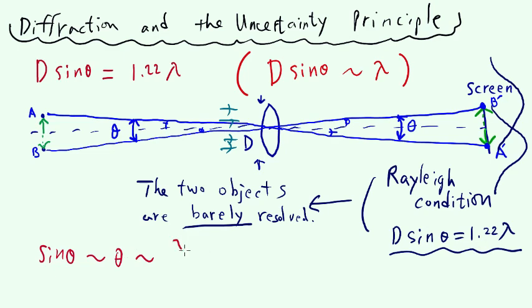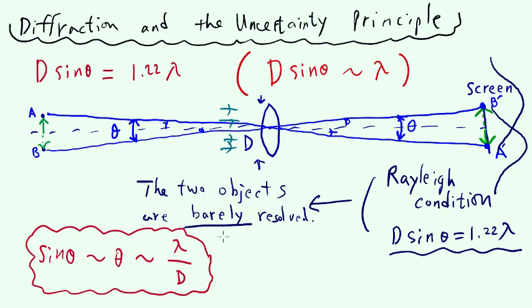So basically it's given by lambda over d. And what is the meaning of this? When you're using an optical device of size d, this is your best angular resolution. Your angular resolution cannot be better than this. This is the limit of angular resolution.